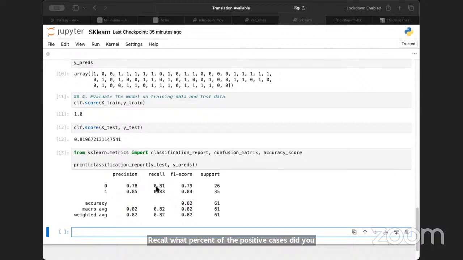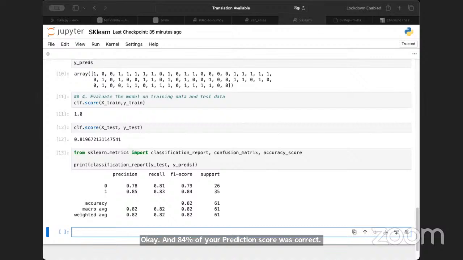So you caught 81% of the positive cases for zeros and 83% for ones. Then there is F1 score, 79% and 84%.